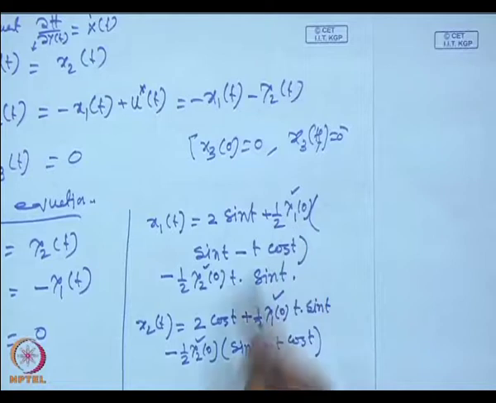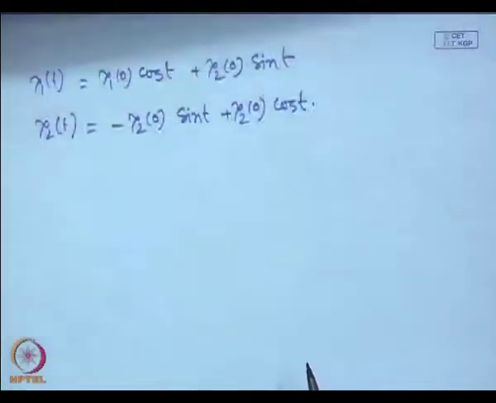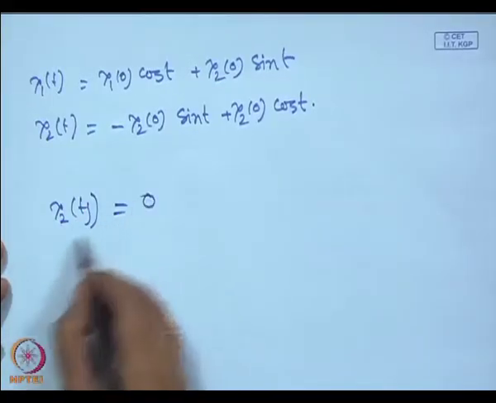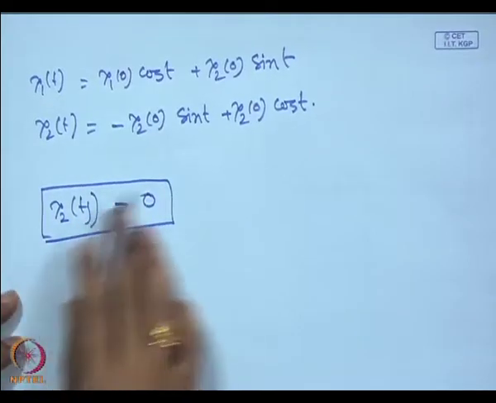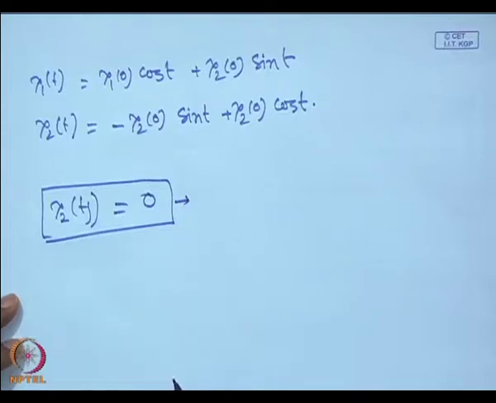So how to solve this equation? We also have one boundary condition: lambda 2 of Tf is equal to 0. This is the Hamiltonian boundary condition, the free end point boundary condition. So now how do we solve this one?